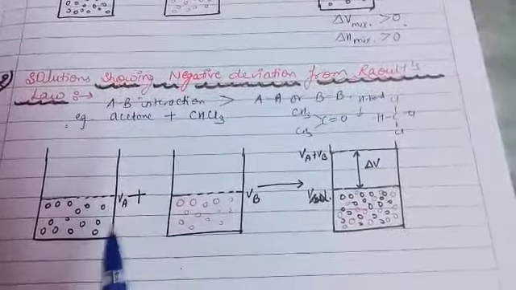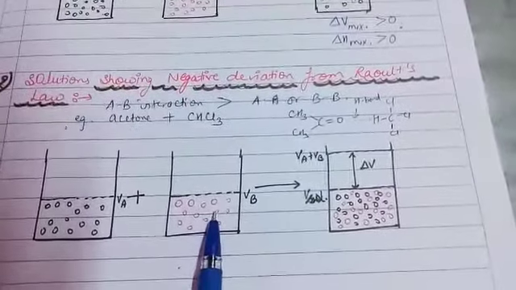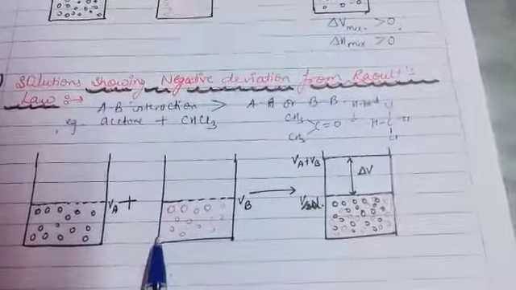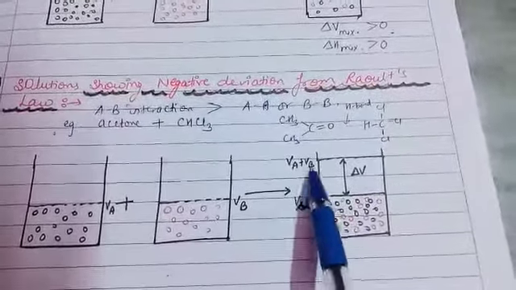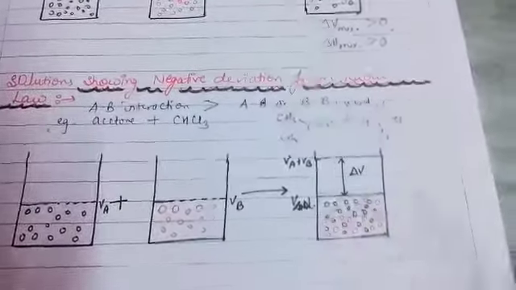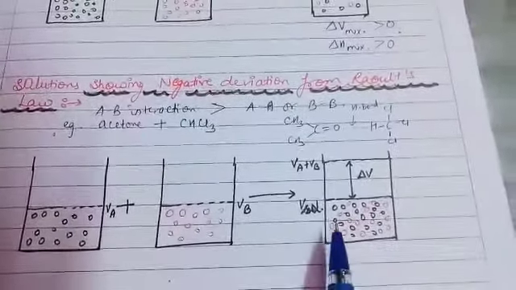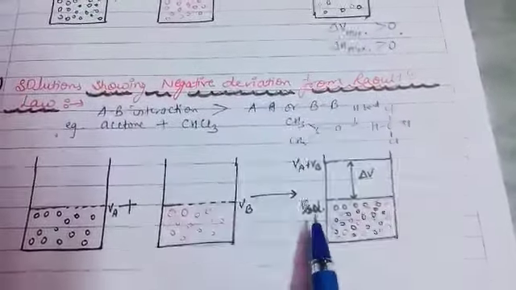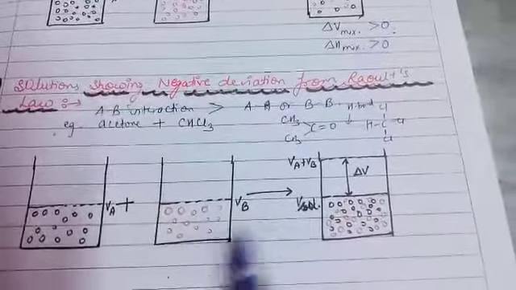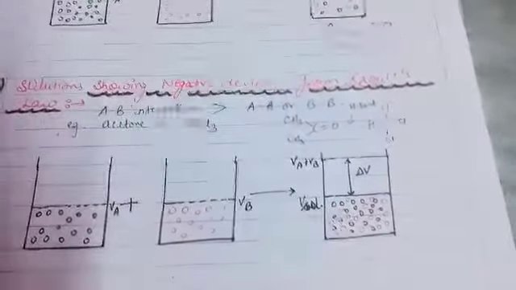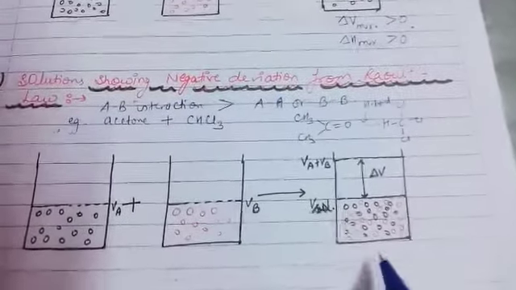Now suppose two liquids are given, this one is VA and this one is VB. After mixing, normally क्या होना चाहिए था for an ideal solution, VA plus VB like this, दोनों को मिला के इतना वॉल्यूम होना चाहिए था, but now what happened, just see, particles are closer in comparison to the normal one. Why? Because the interaction between these two liquids is more, force of attraction ज़्यादा हो गया, that's why the space between particles is less.